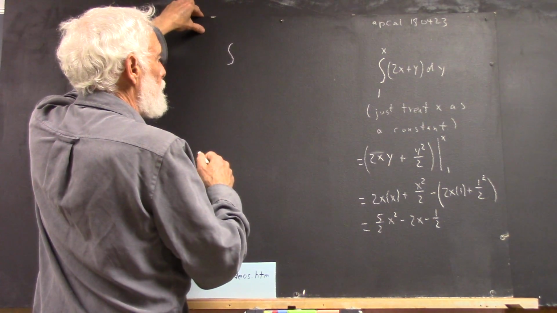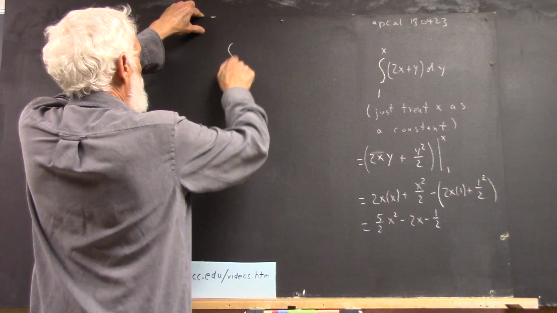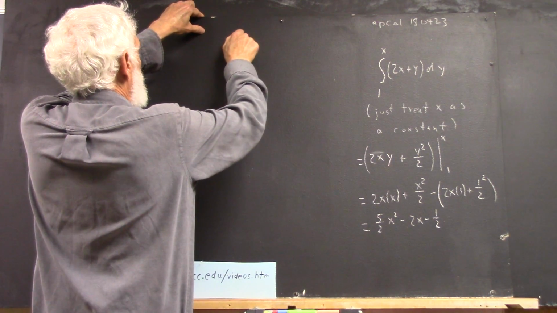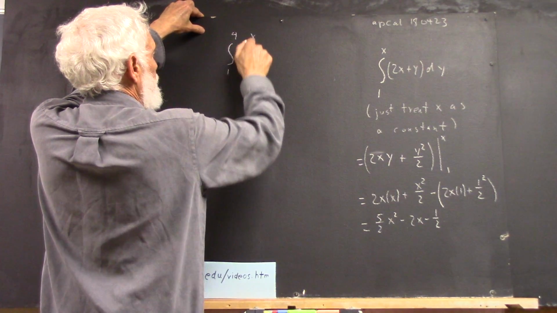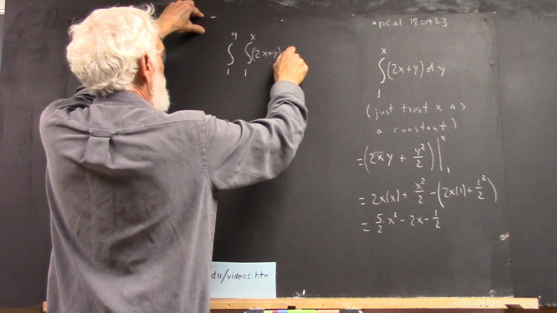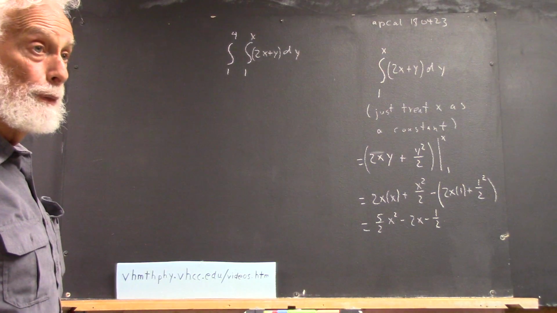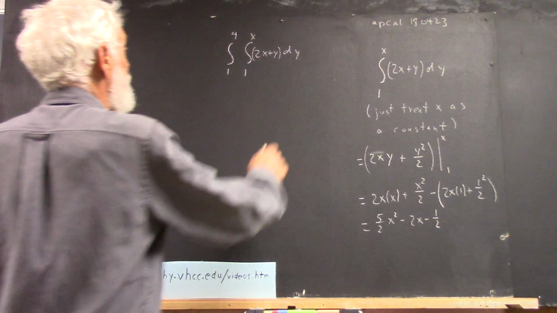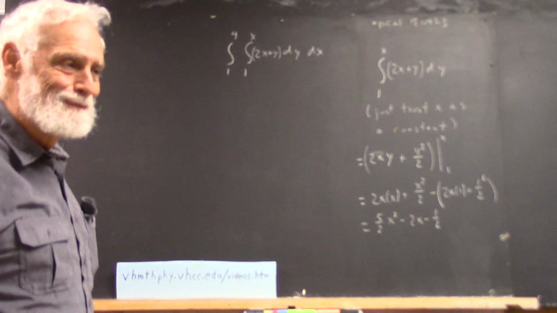Okay, so we're going to integrate from 1 to 4, the integral from 1 to x of 2x plus y dy, dx.